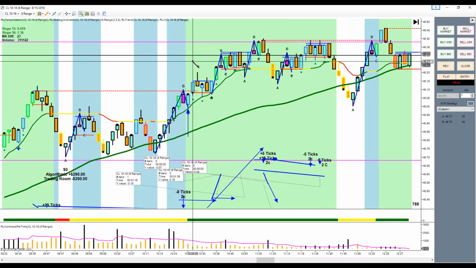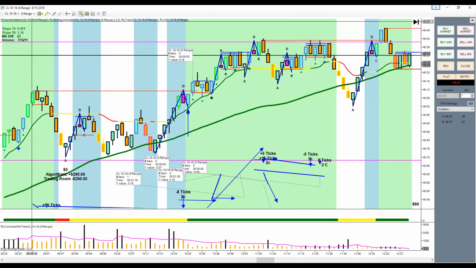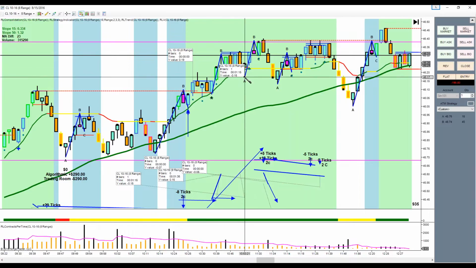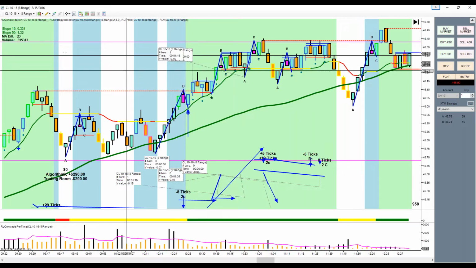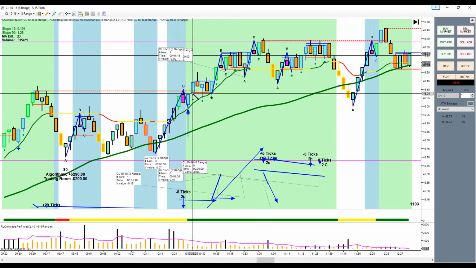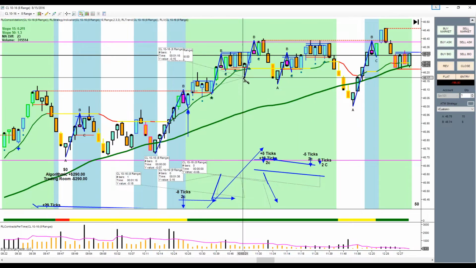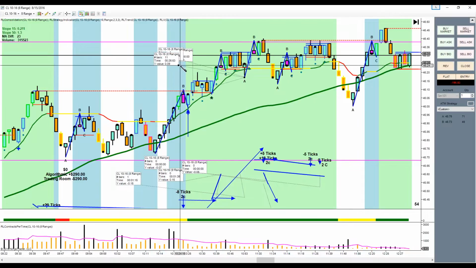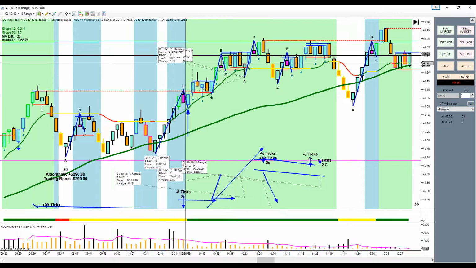Let me see if this stops us out. Yeah, it just stops us out. So the trade's going to go from the entry here to the stop out here. That's 9 ticks. So that's 90 and 70. So that's a $160 trade on 2 contracts.